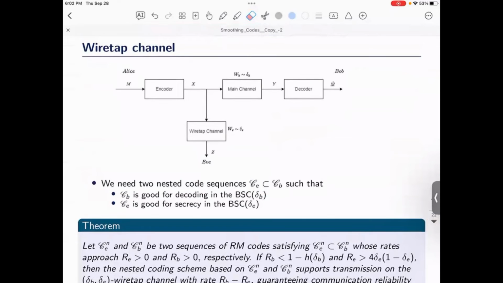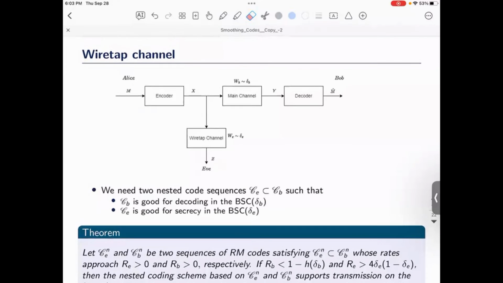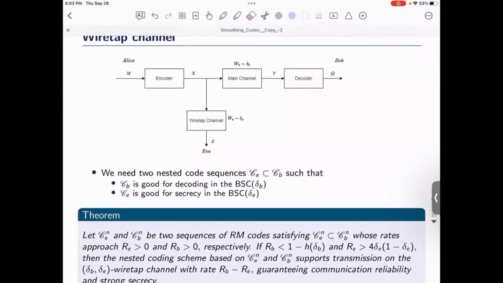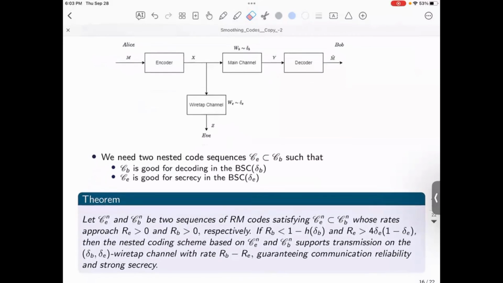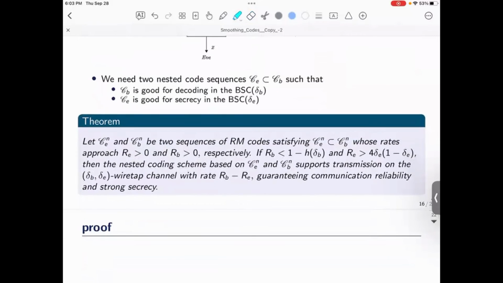Okay, now we are again coming back to the typical wiretap channel setting. I think we know the setting because we went through it, and we are using the nested coding scheme I mentioned earlier. So now we have this theorem. We have a sequence of codes CE and CB, and they are nested.